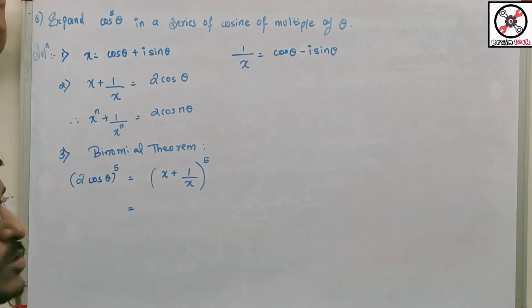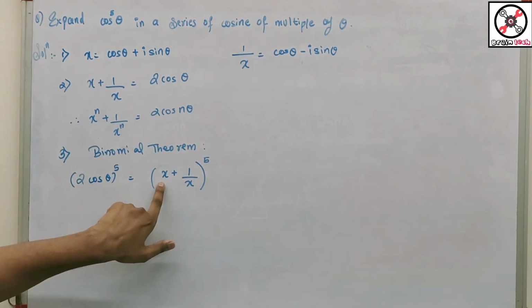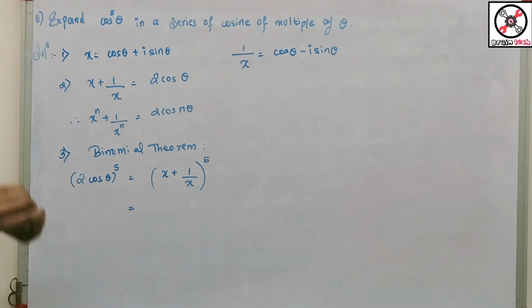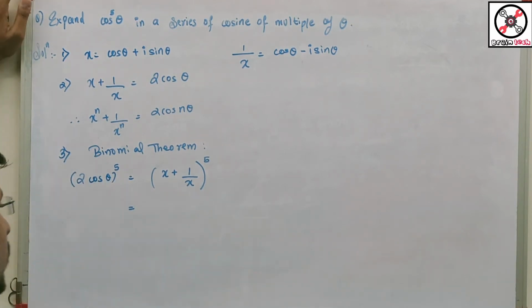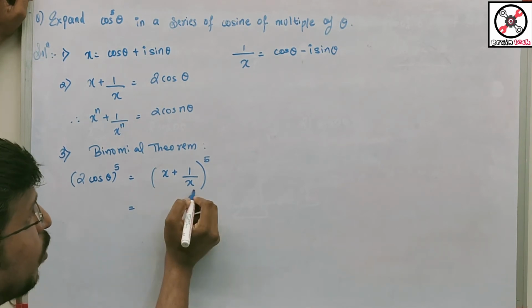I'll use 3 steps. In the first step, I will expand the x value. In the second step, I'll expand the 1 by x value. And in the third step, I'll put the signs. Always remember, the first value will go on decreasing and the second value will go on increasing.